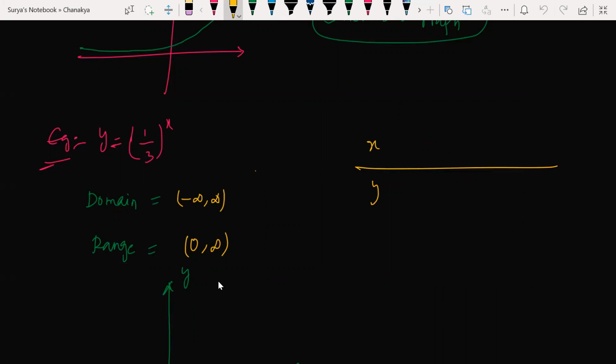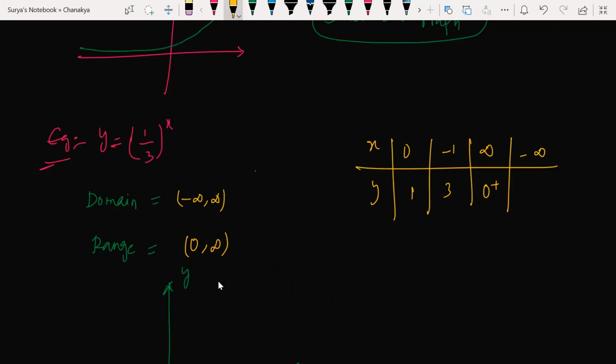Let us draw some box here. If I take x value 0, what are you going to get? 1. If x value is -1, what are you going to get? 3. If x value is infinite, what you're going to get? 0 plus something.